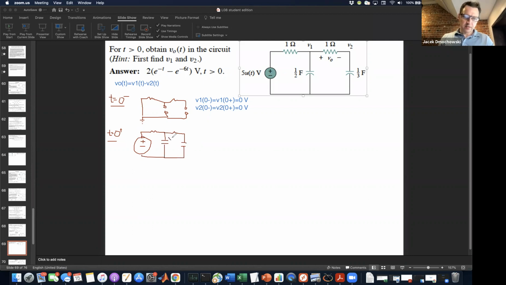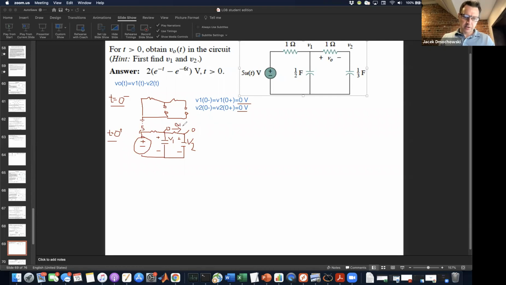This is V1 and this is V2. So notice here, this is 5 volts. And because of continuity, V1 is still sitting at 0 volts, and V2 is still sitting at 0 volts. These values carry forward because of continuity, which means that there's no current here.